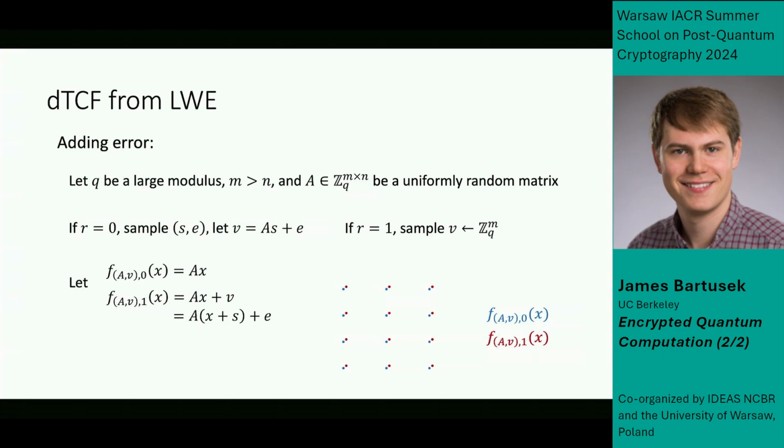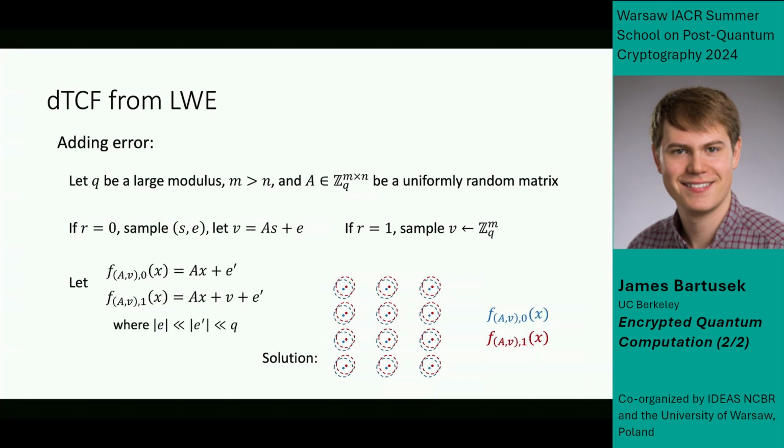Okay. So the way to solve this problem is basically to do the following. Instead of just defining the output of the function to be the lattice point itself, or the shifted lattice point, we're going to allow the function to sample an output, essentially. Now these functions will be randomized, and they will sample an output in some ball around that lattice point, okay?